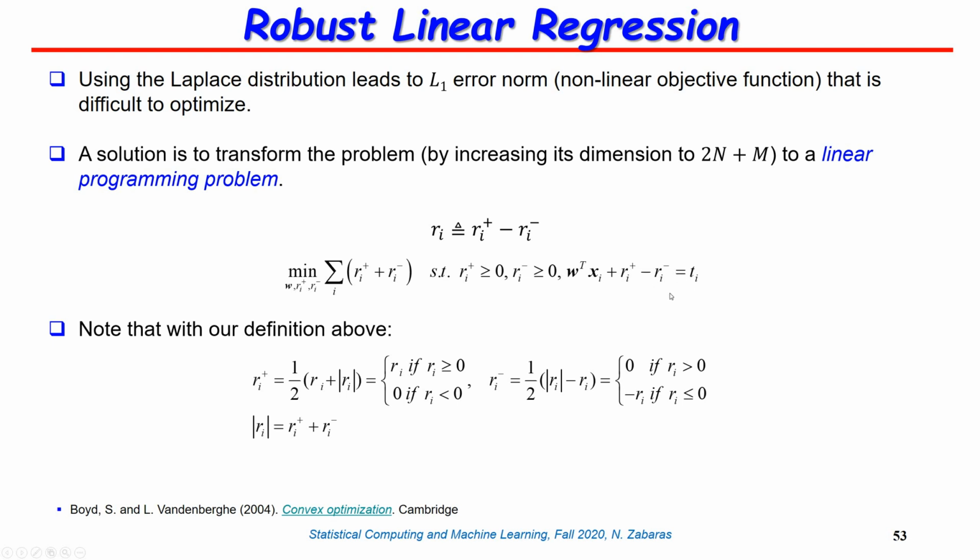So think of these as what are called slack variables, and when you optimize this new objective with this constraint, and also with the constraints that Ri plus and Ri minus are greater or equal to 0, you can solve this in a higher dimension space, 2n plus m, using what's called a linear programming algorithm, which is a very efficient way to address this particular problem.